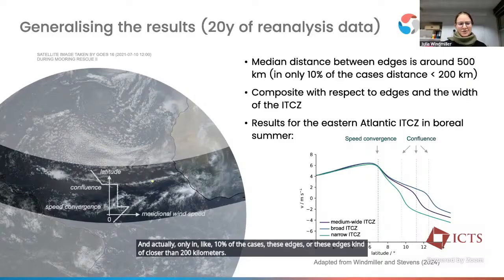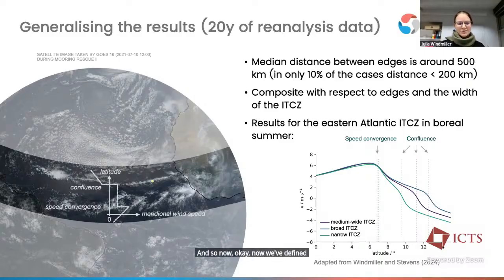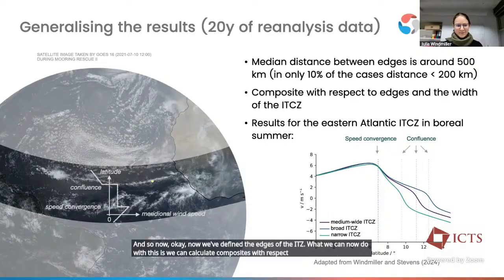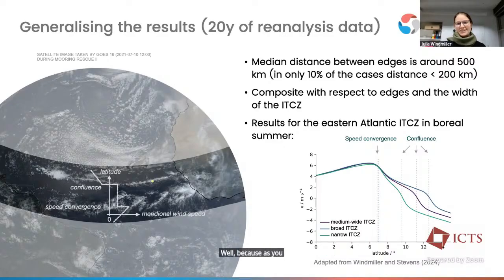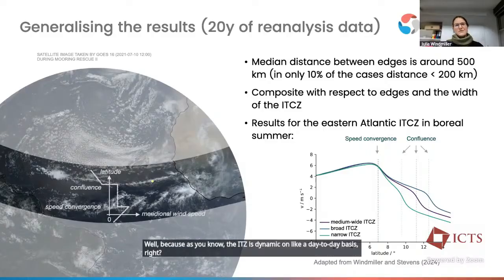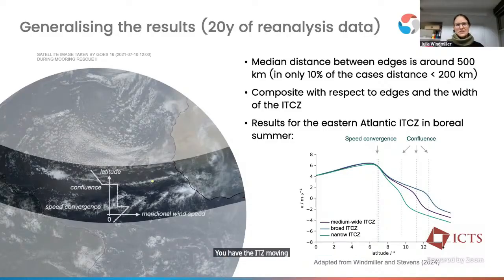And so now we've defined the edges of the ITZ. What we can now do with this is calculate composites with respect to these edges and to the width of the ITZ. Because why do you usually not see these edges? Well, because as you know, the ITZ is dynamic on a day-to-day basis, right? So you have the ITZ moving north and south. It becomes wider and narrower.